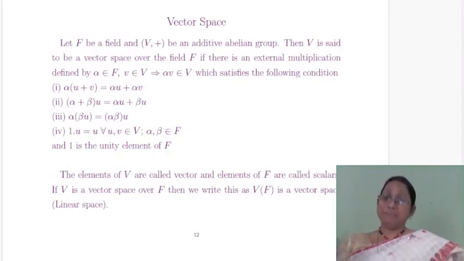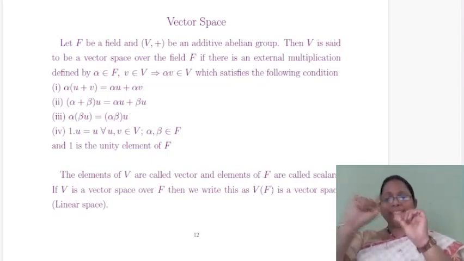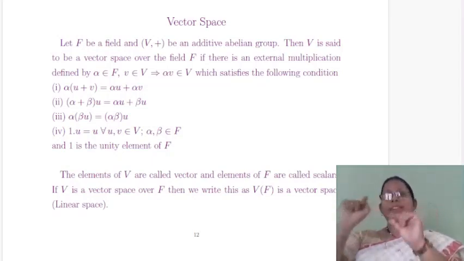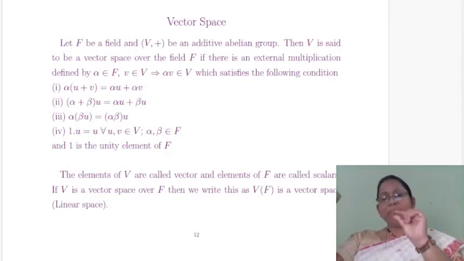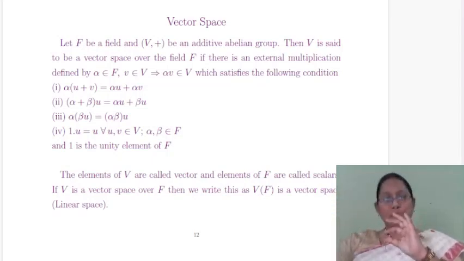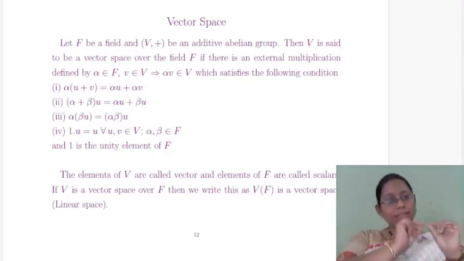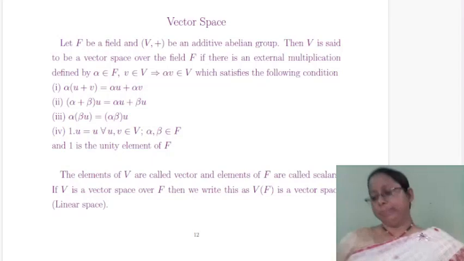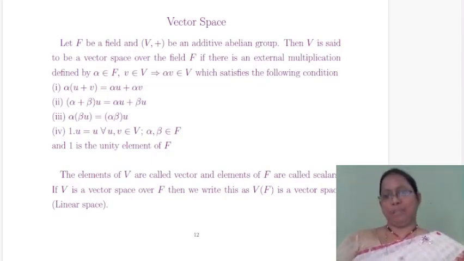Next, V must have an additive identity. What is additive identity? For any element a in V, you must have an element 0 belonging to V such that a plus 0 is equal to a, and it is equal to 0 plus a. In that case, 0 acts as the additive identity of V. Next is additive inverse.